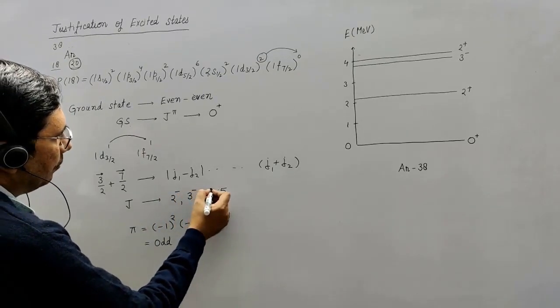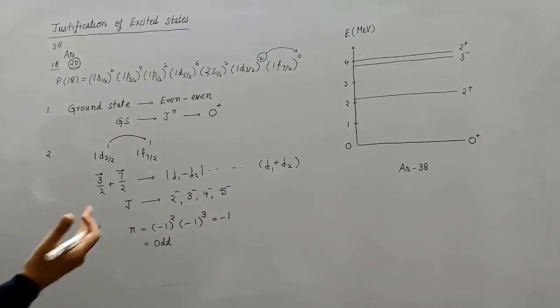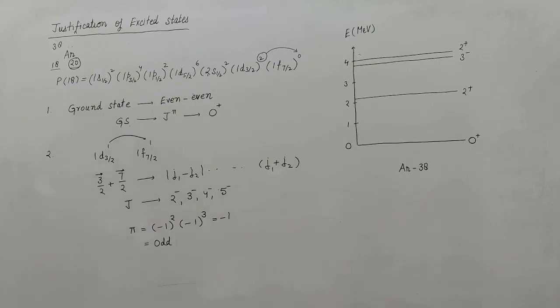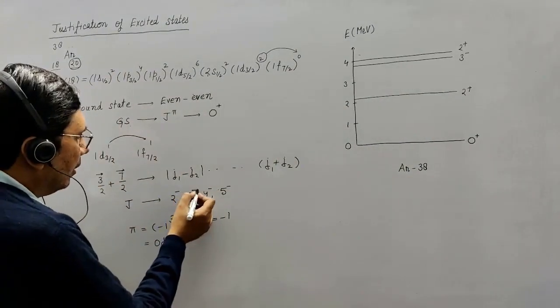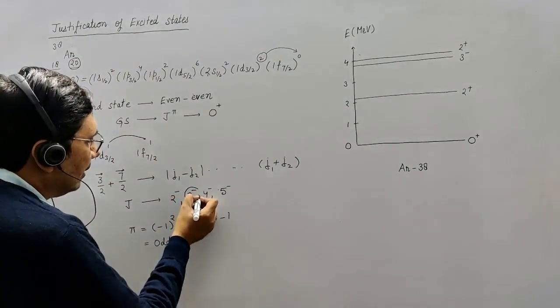So these states are possible. It's not necessary that they are present, but these possibilities are there. So in this state here we have 3 minus. So this 3 minus state is present here.